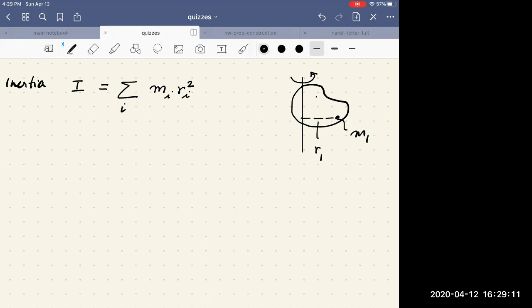Likewise, I can have another mass point M2, and the distance here would be R2. And likewise, you can have an M3, and the distance here would be R3, and so on and so forth. So that's how one constructs the moment of inertia of an object.